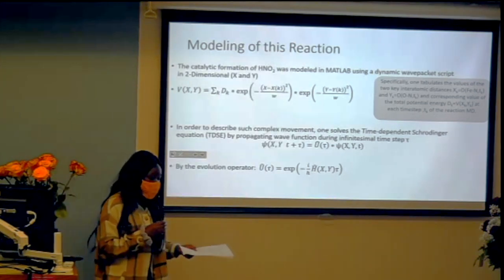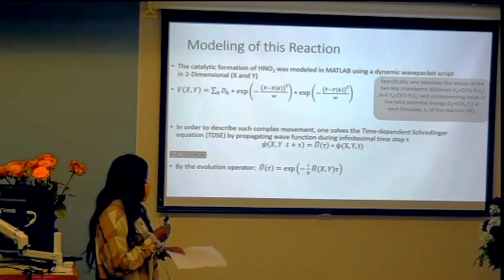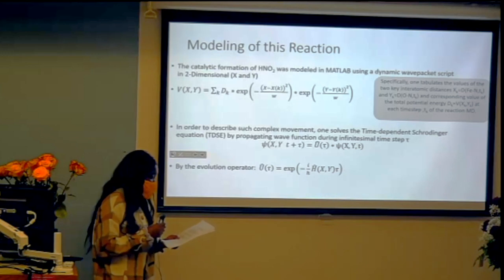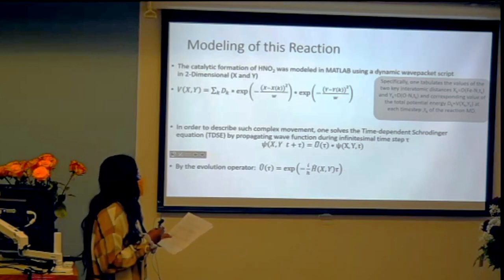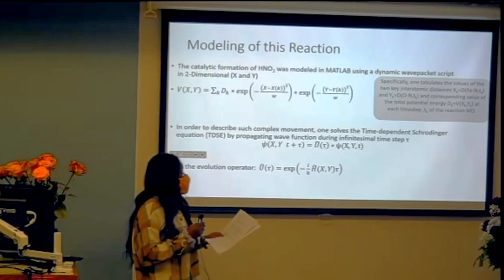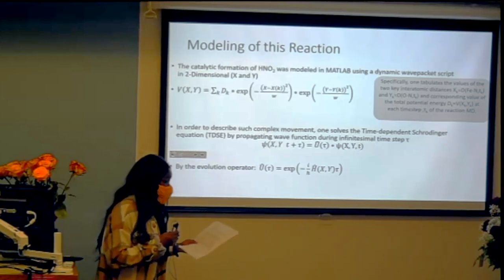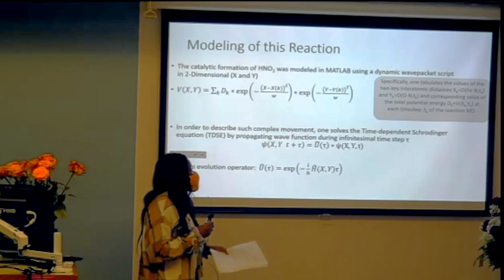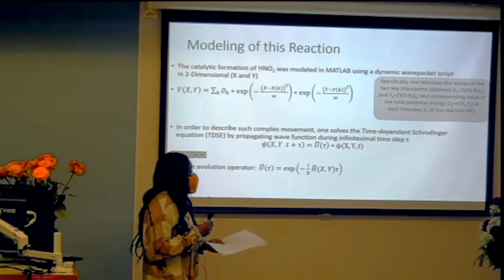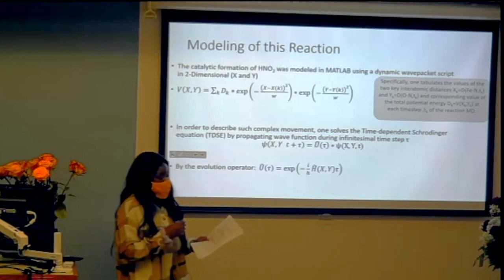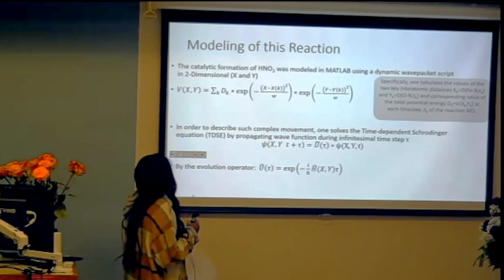In MATLAB, I modeled the reaction of the nitrous acid formation. In order to do that, I tabulated the values of two key interatomic distances, in the x and y direction, and the corresponding value of the total potential energy at each time step of the molecular dynamics reaction.